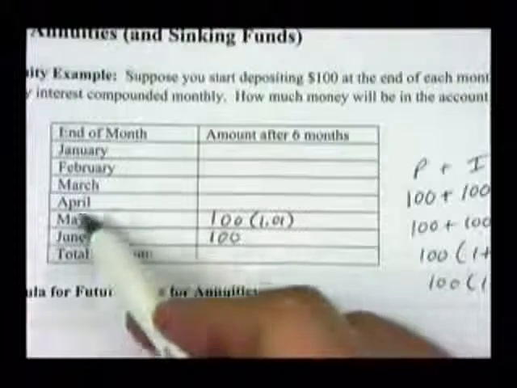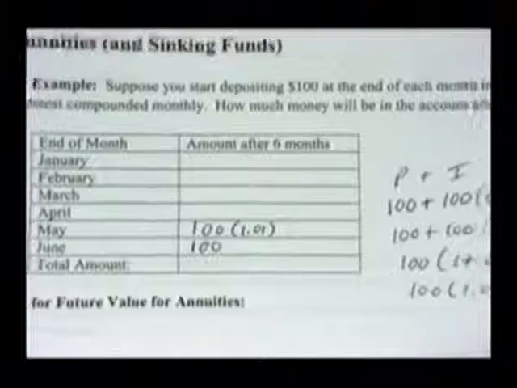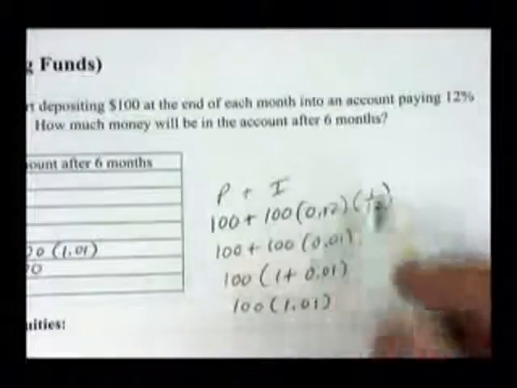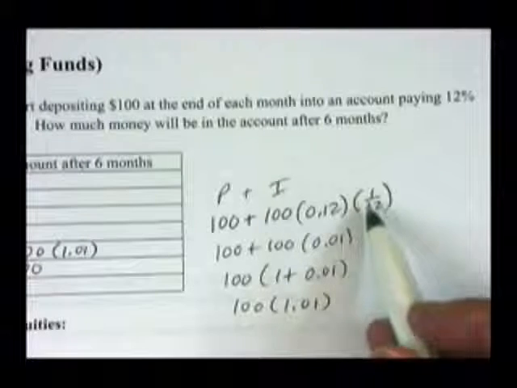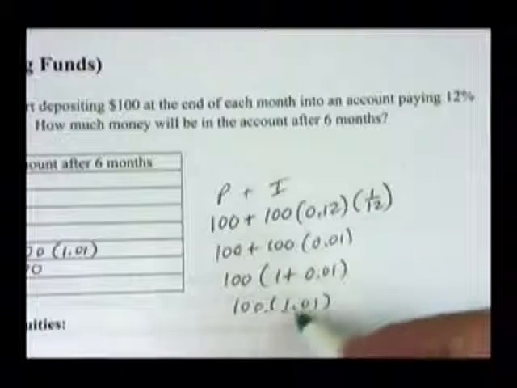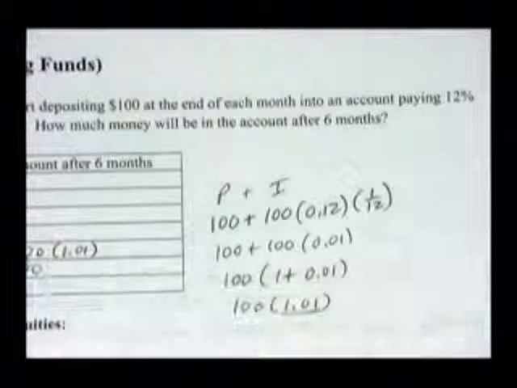So now I go back to April, and for April, notice the only difference is I'm going to have 2 months that I'm dealing with. So I'm going to be accruing interest for 1 month here, and then doing it for another month back to April.